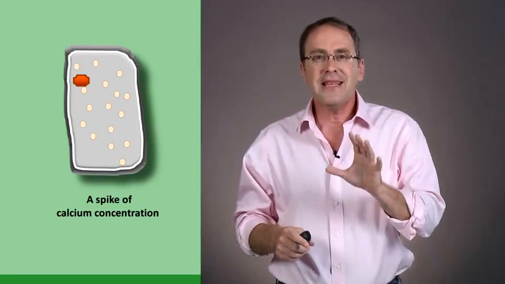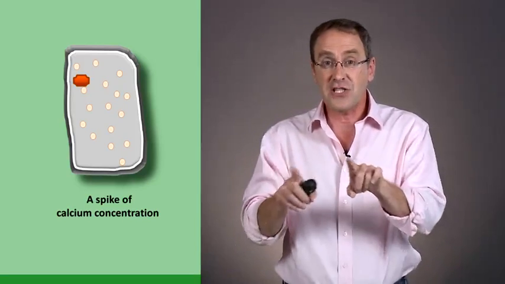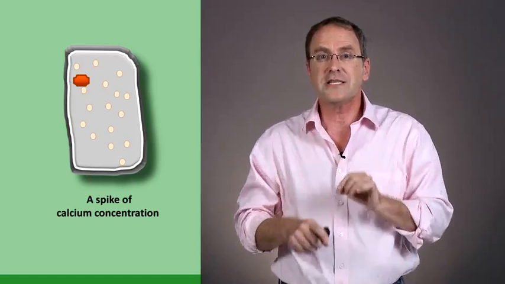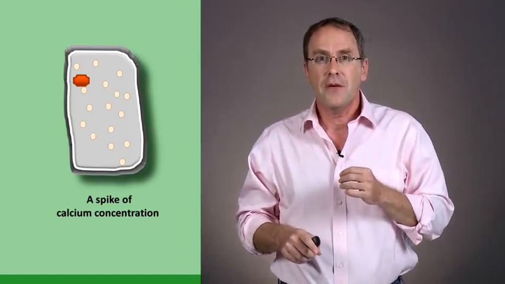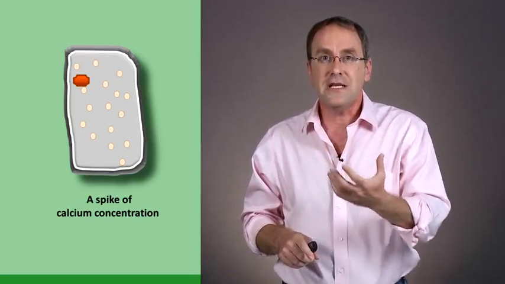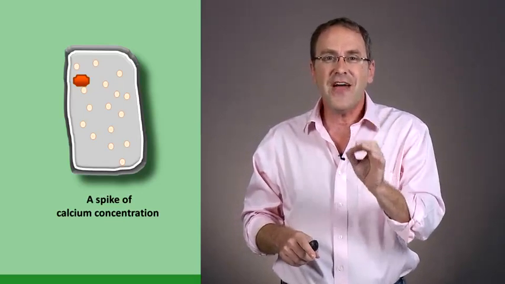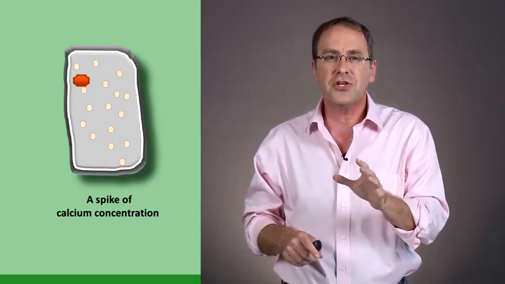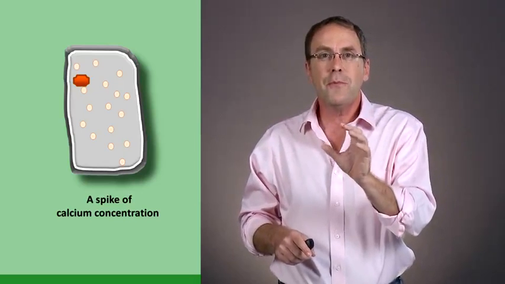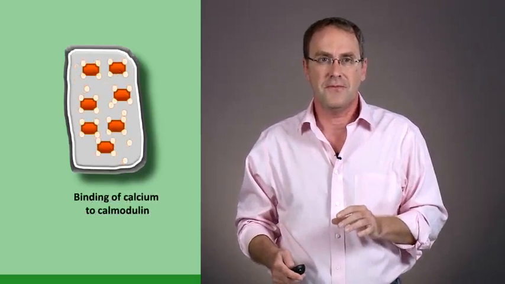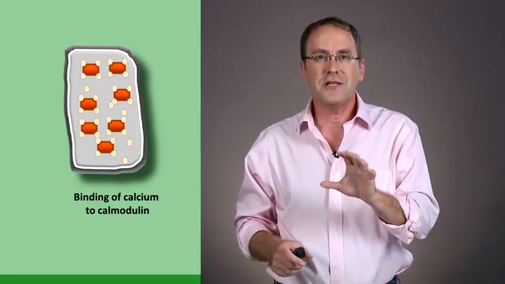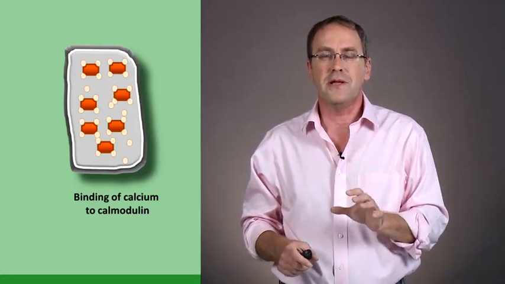So this spike in the calcium concentration affects the charge across the cell membrane, but not only does it affect the electricity of the cell, the charge, it also directly affects multiple cellular functions, and it does this through binding of calmodulin. So calmodulin is a very small but important protein.